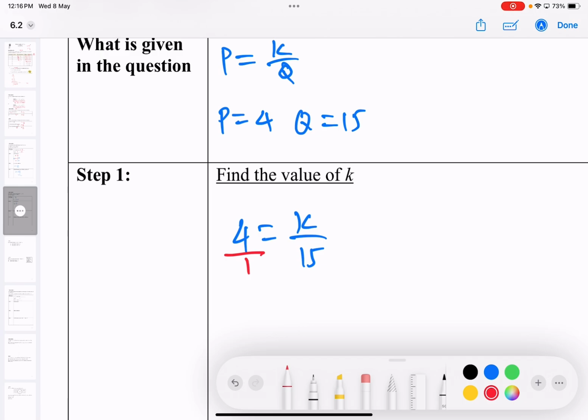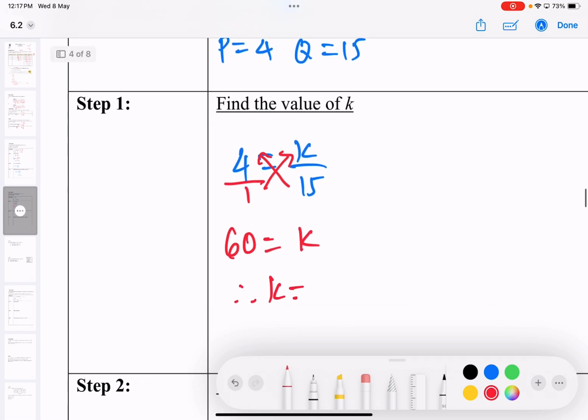Because 4 divided by 1 actually gives us 4. I'm not changing anything. Next, I can do cross multiplication. You can draw the cross. Let's follow the arrow. I'm going to get 15 times 4 gives me 60 is K times 1 gives me K. So therefore K is equal to 60.